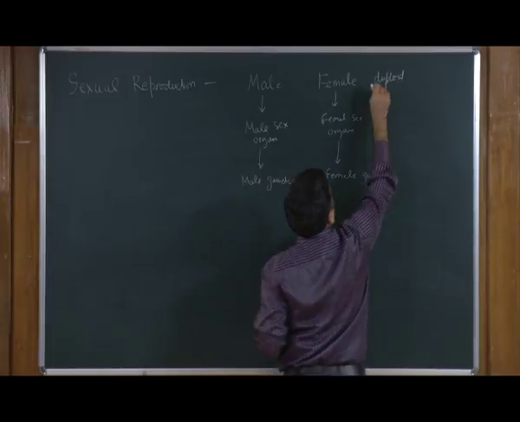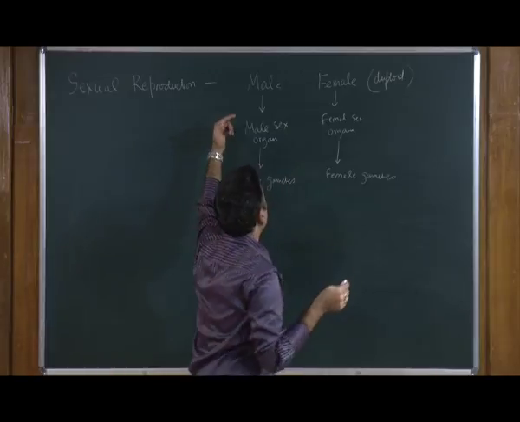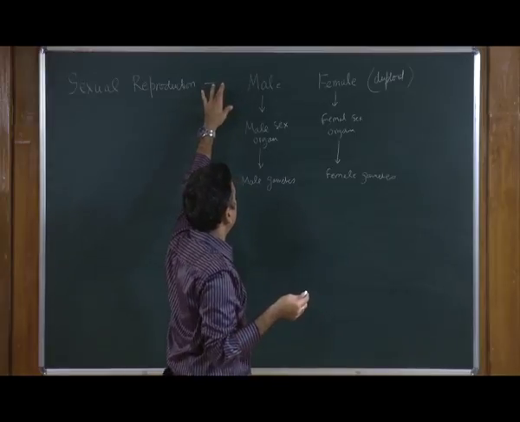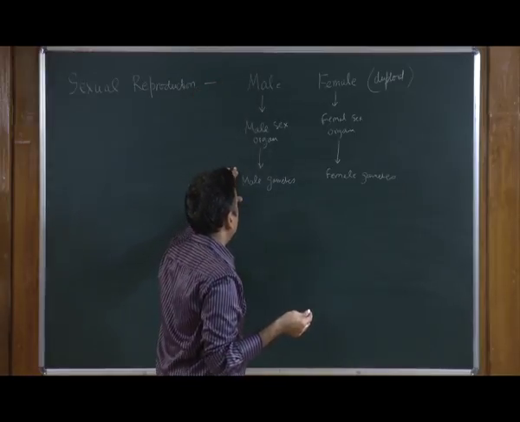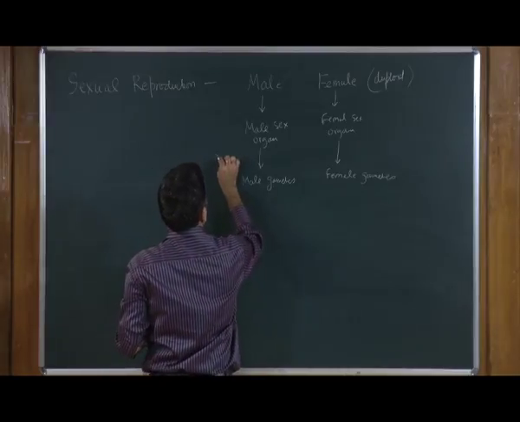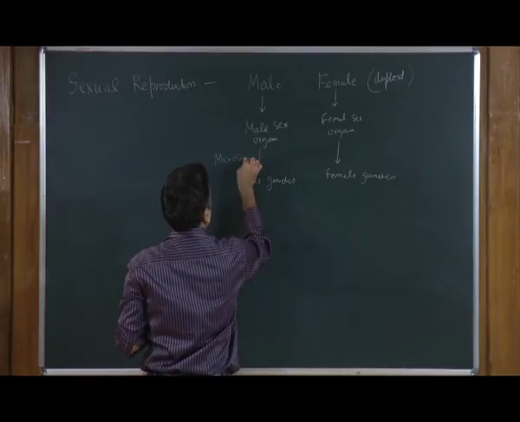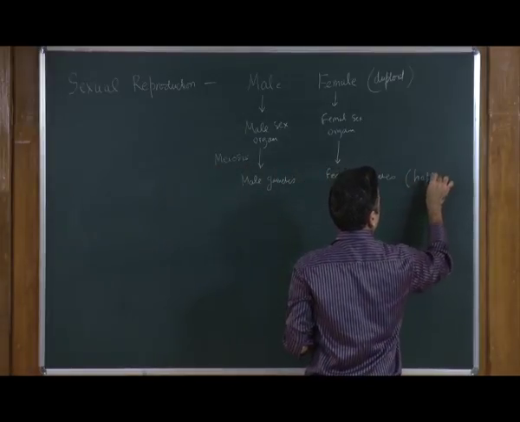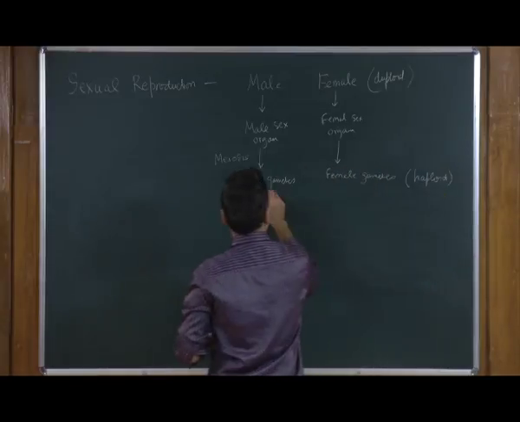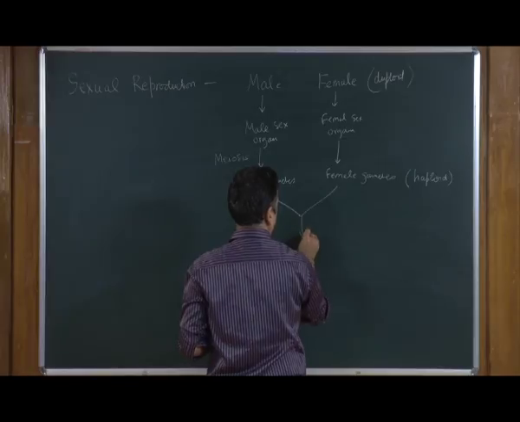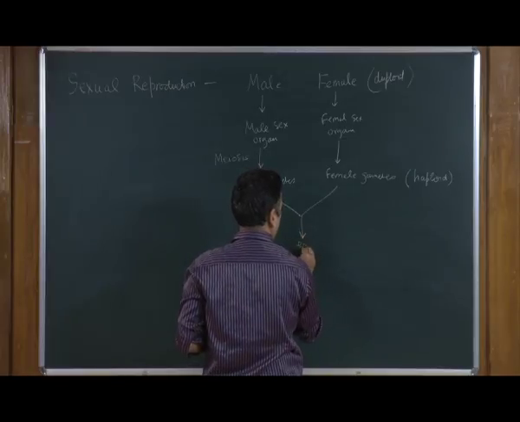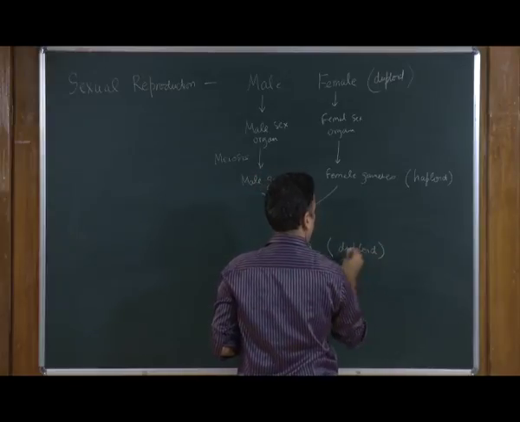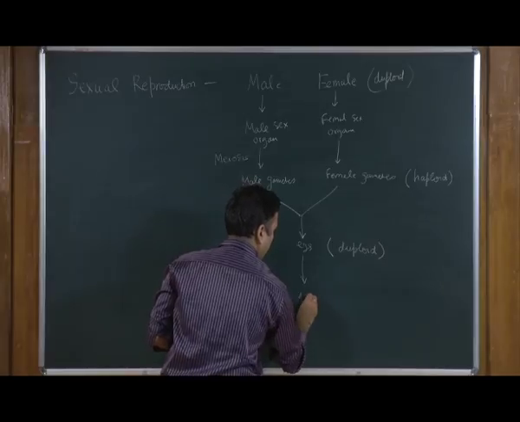So, as I said, most organisms are diploid in their adult stage, but within the sex organs they produce the gametes by a process known as meiosis. Because of that, the male gametes and the female gametes are haploid, and these two fuse to form the egg, which is the diploid stage, and this egg develops into the adult.